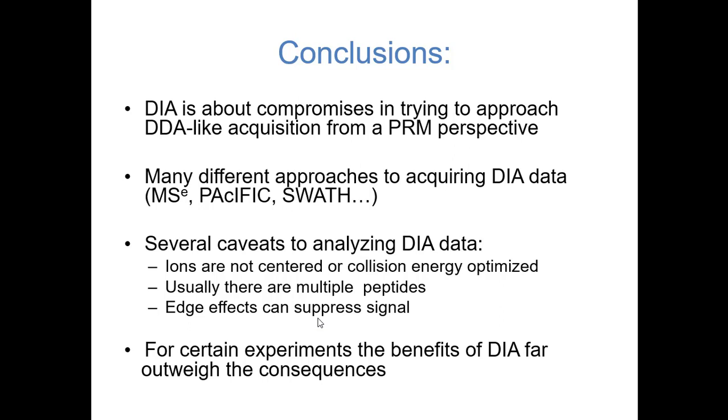Actually, I would argue that it doesn't. The reason why is because retention time scales pretty linearly with precursor mass. And if you know the mass of the peptide, which you do because you've got this isolation window, you can pretty well pick out where it will have eluted to a reasonable degree.